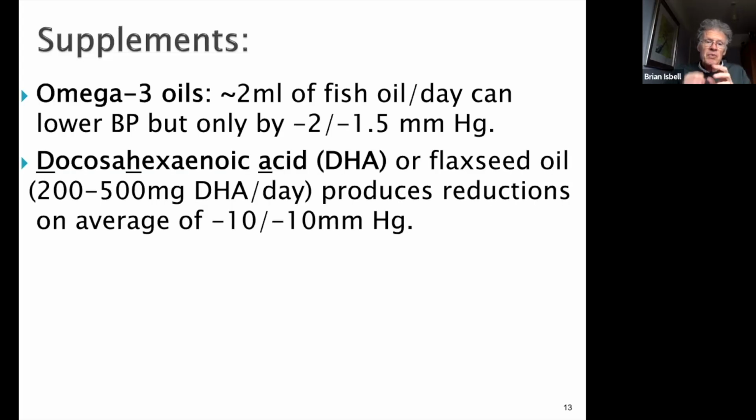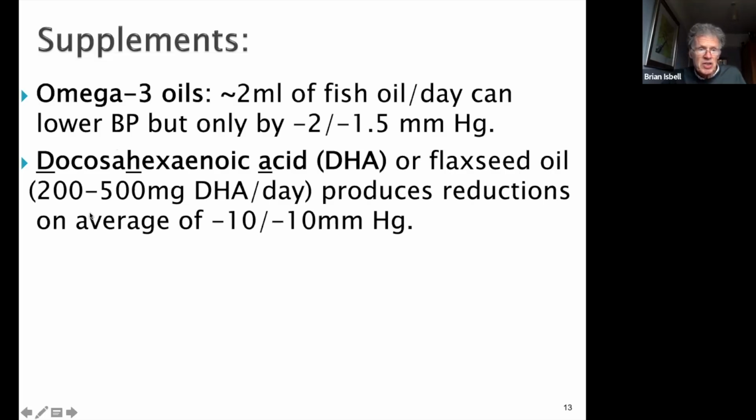However, if we take out a particular component of flaxseed oil or fish oils, which is called docosahexaenoic acid, again, a very particular chemical structure, a naturally occurring acid in oils.